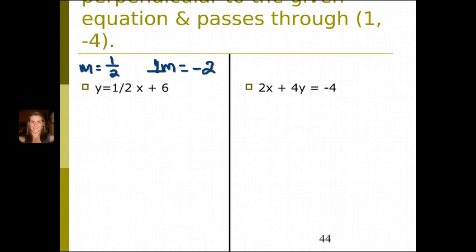Okay? Now that I have my perpendicular slope, I can plug that in for slope and then my x and y. So my y was -4. My perpendicular slope was -2. And my x was 1. And I just need to solve for b.